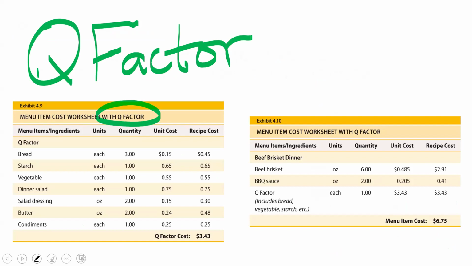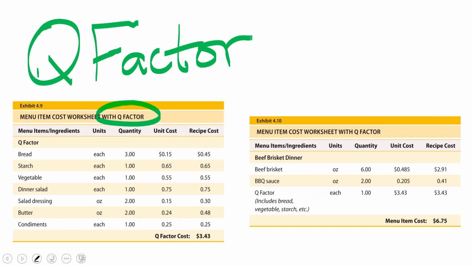All right, so our Q factor, we're going to use this 2 different ways in this class. This is the first one. The second one we're going to see on the project, okay? So our Q factor, which I believe is the answer to number 7, if you flip your page over.